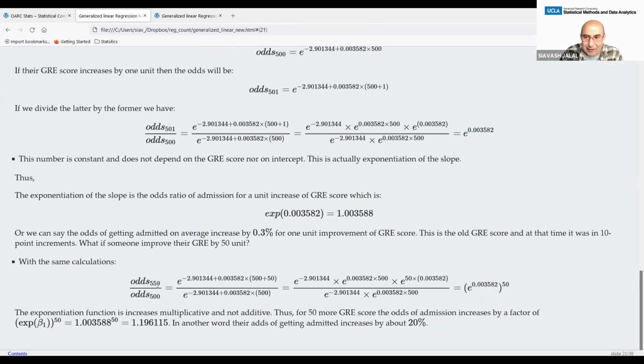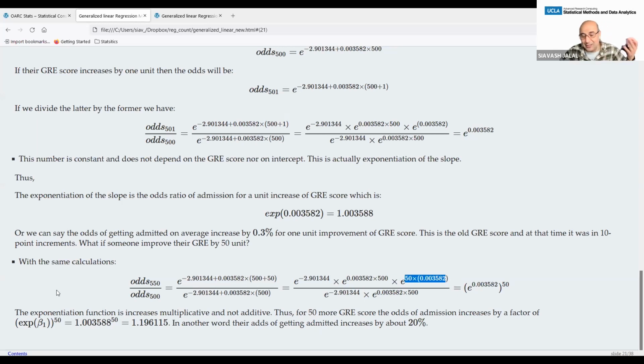So odds of 550 divided by odds of 500 is going to cancel everything. 50 is going to be here, and this is going to be e to this value to the power 50, or is going to be 50 times the slope and then exponential, right?